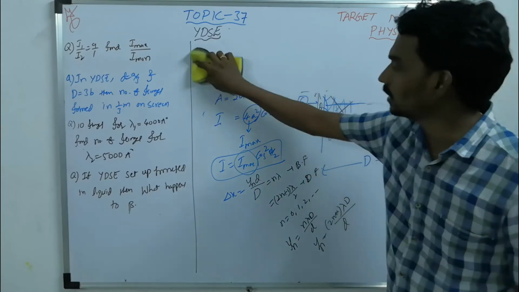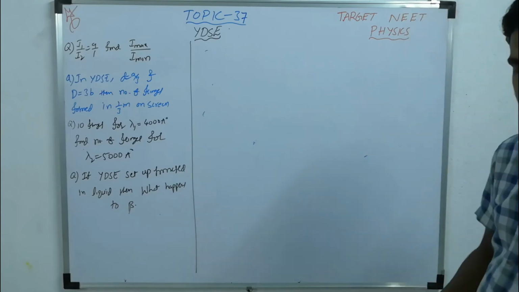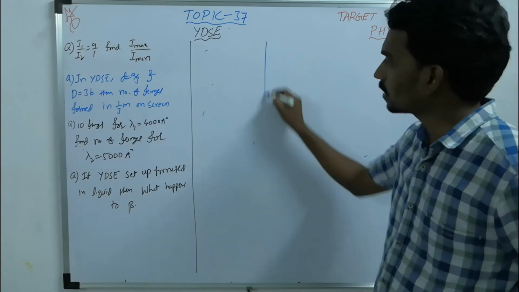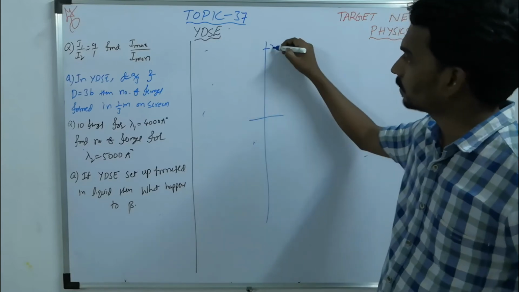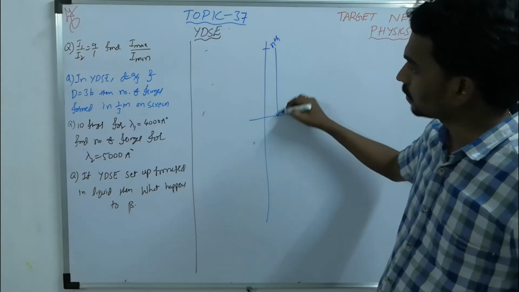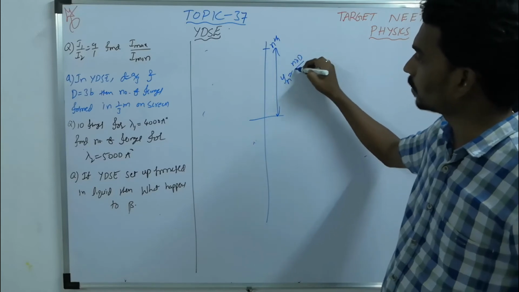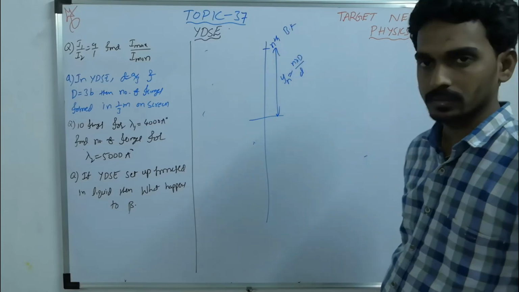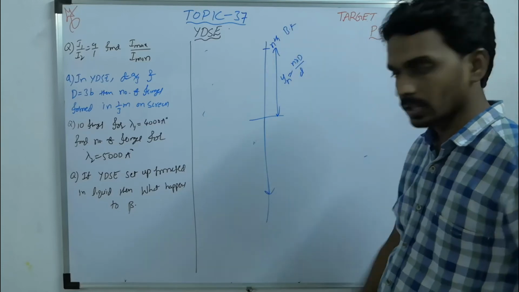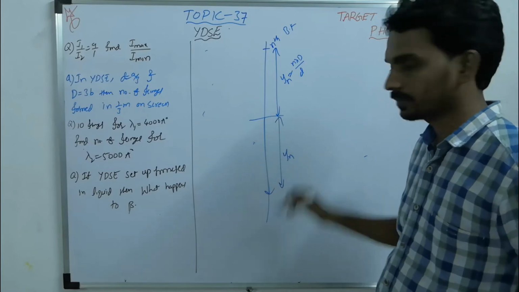Like, let me see. See here, this is the screen, this is the central position. Now here the nth bright fringe is formed. So y n is n lambda D by d. This is the nth bright fringe. Similarly here one more nth bright fringe will be there. This is also y n.